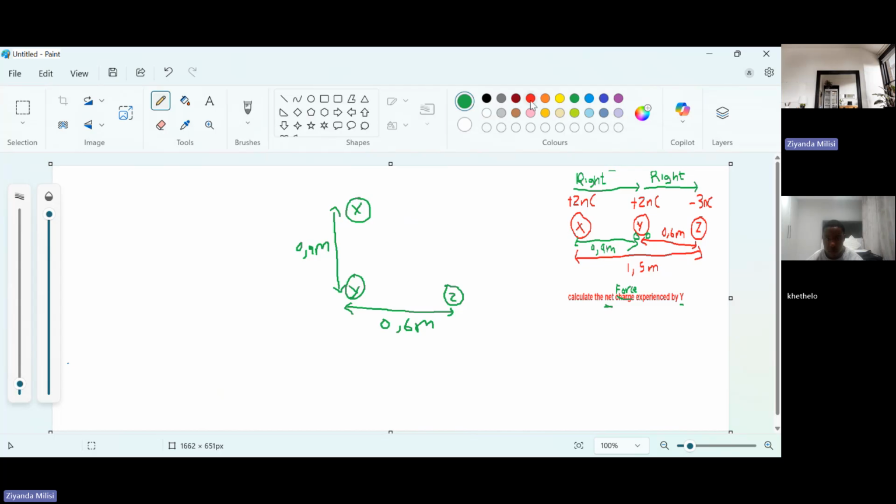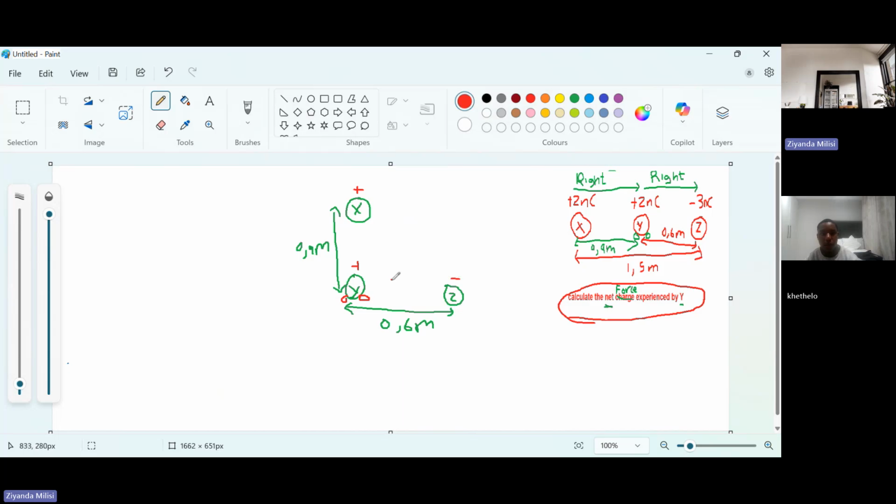This is the one with the wheels. The question is still the same. Calculate the net force experienced by Y. So Y still has got the wheels. X is positive, Y is also positive, only Z is negative.